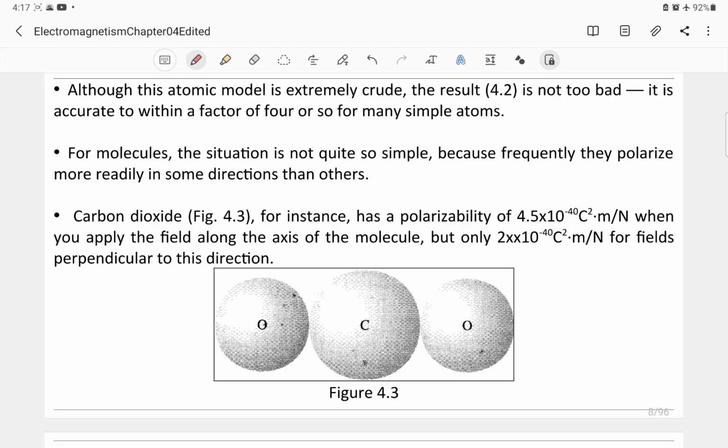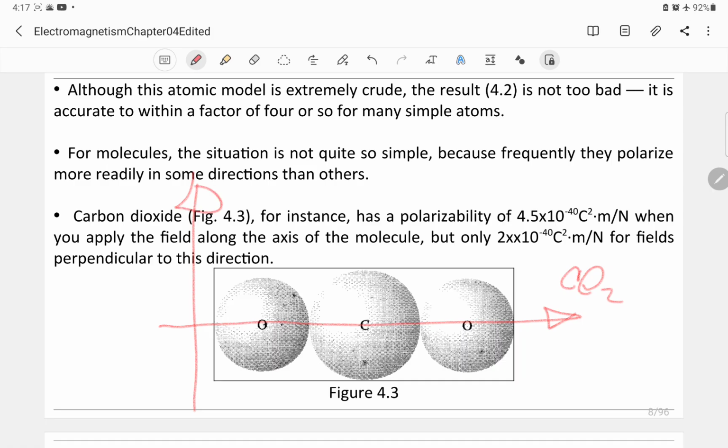So say for example, carbon dioxide, CO2, for instance has a polarizability of 4.5 times 10 to the negative 40 coulomb squared meter per Newton when you apply the field along the axis of the molecule here, but only 2 times 10 to the negative 40 coulomb squared meter per Newton for fields that are perpendicular to this direction.